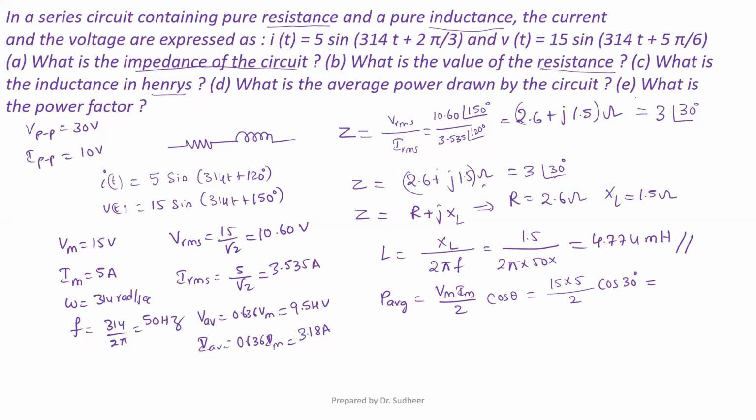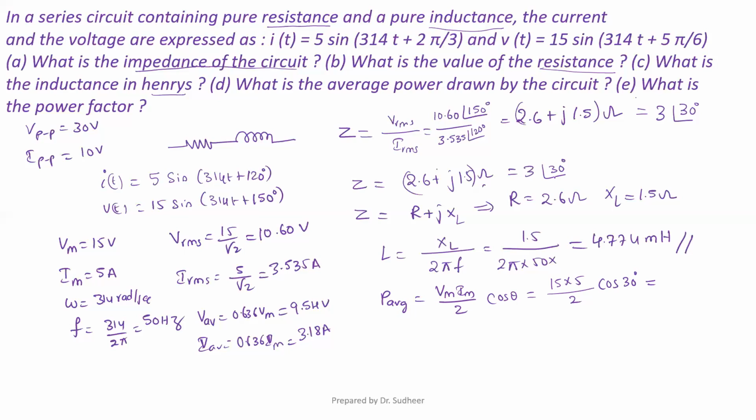Or else, in simple terms, VRMS into IRMS into cos theta, that also we can take into consideration, multiplied with cos 30.